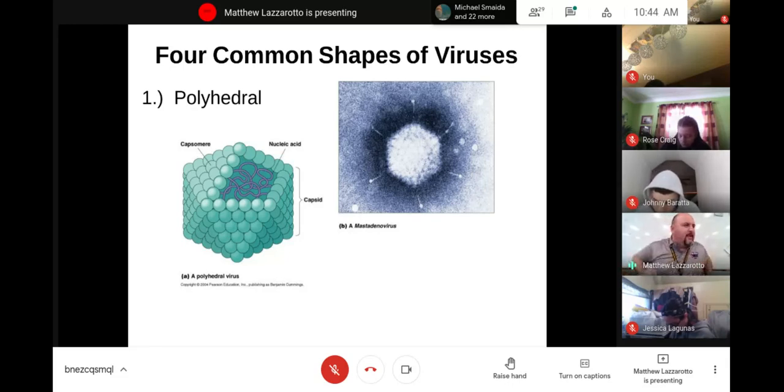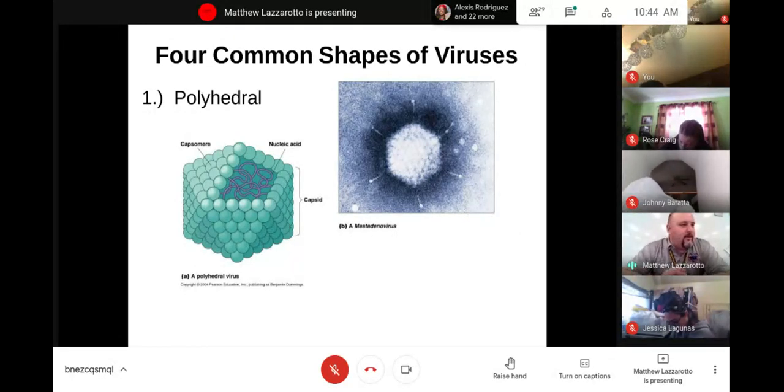But people were getting sick on the cruise ship, and it spread like wildfire because nobody could leave the ship when it was out to sea. And so when you're in close quarters like that and you have an outbreak, right, people have not been inoculated for that particular type of virus infection, you can have a really bad situation fast. So notice the geometric shape of this particular mastodinovirus.